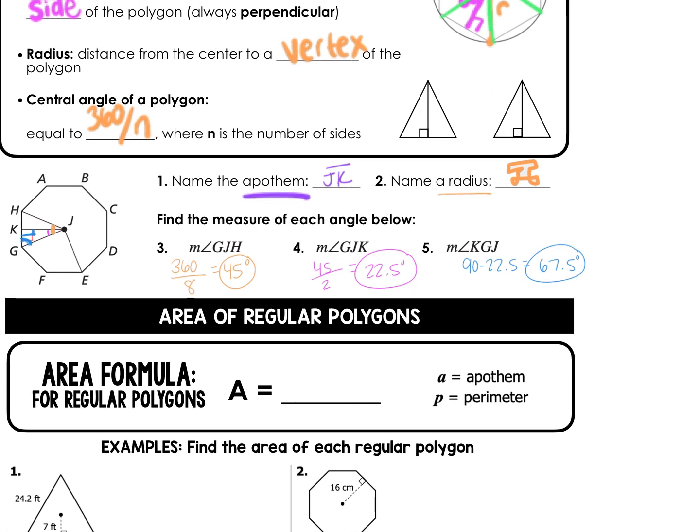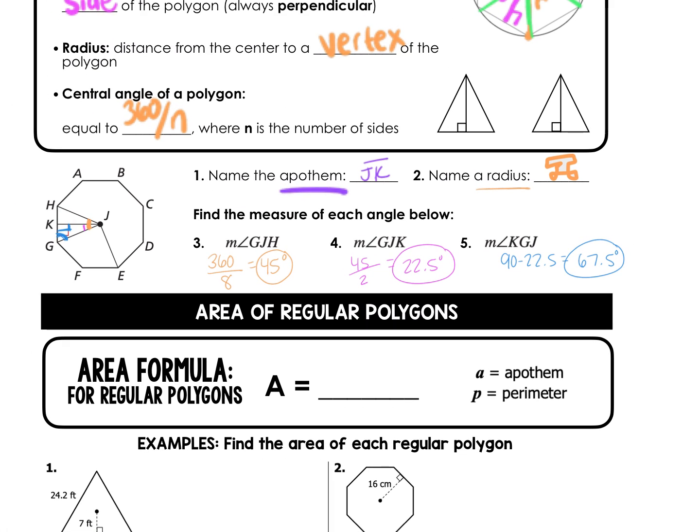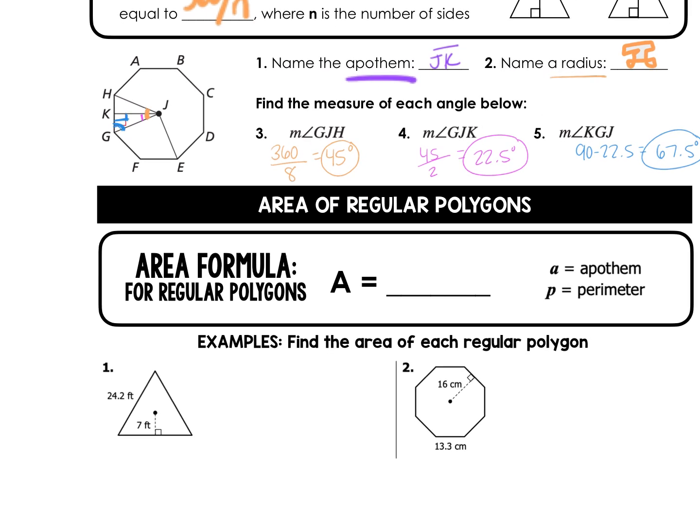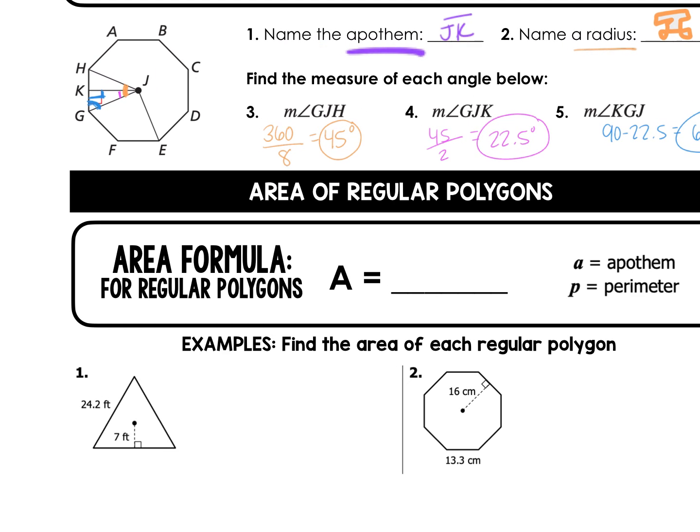All right, now we're getting into the formula that's the main point of today, the area of a regular polygon. This has to do with the fact that any of these regular polygons, it doesn't matter if it has 8 sides, 6 sides, 10 sides, 13 sides, any number of sides, you can always split it into that many triangles.